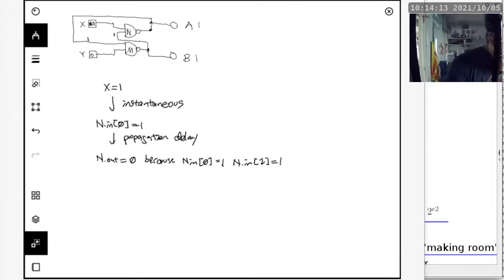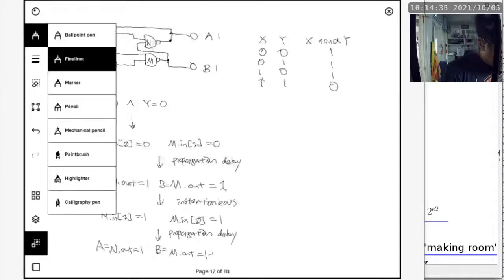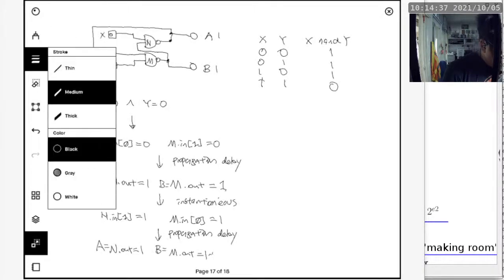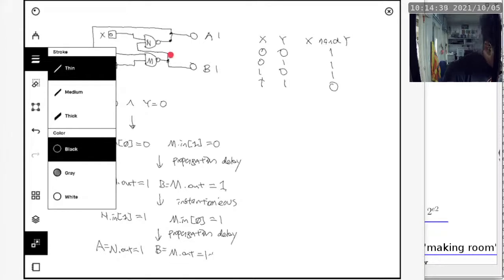What that means is the output of n used to be a 1, and now it has turned into a 0. And the question is, is n.in1 a 0 at first? Yes, that's coming from the previous one. If I go back to the previous page, and this time I have to use a thinner line again, we settle on a and b being 1, but that also means this is a 1.